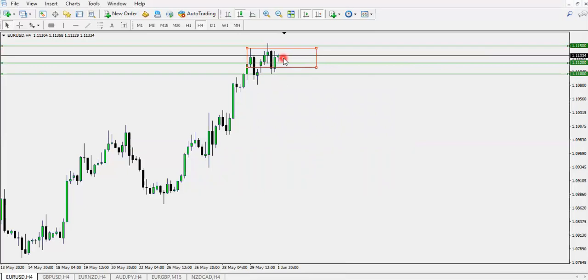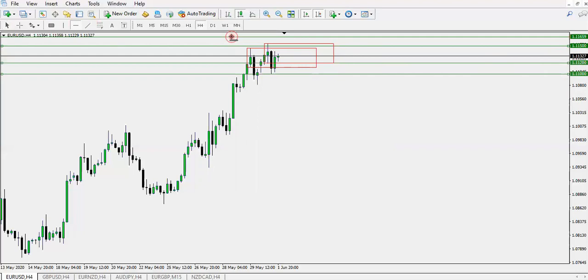So there is our first order block on the 4 hour, and here is our second order block on the 4 hour. And you can see how price is interacting with our institutional levels, our round number, 200 level, 500 level.